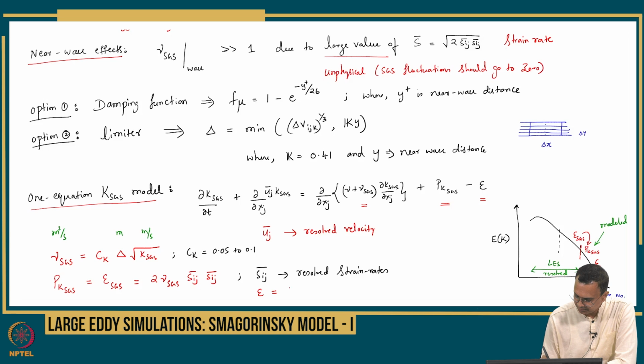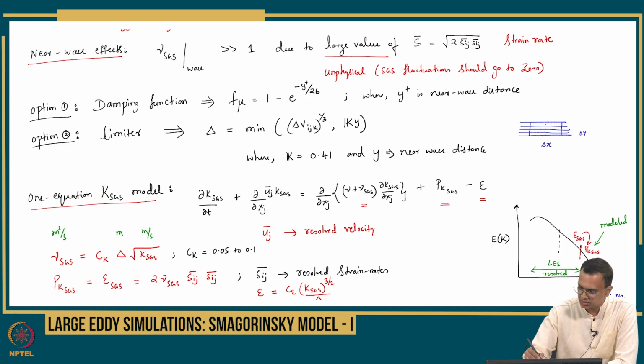So we take C_epsilon, a model constant, and then k_SGS, which you have access to, you are computing for it. So k_SGS to the 3/2, divided by delta, which is your length scale.